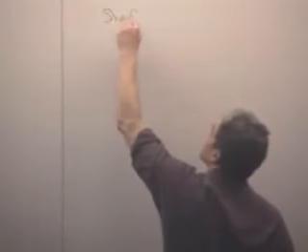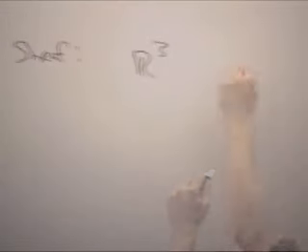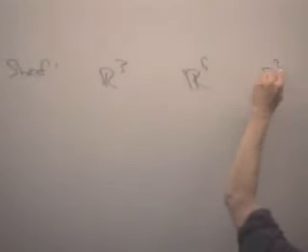Okay. So I'll define the notion of a sheaf. For every object, there'll be a vector space, and the arrows will simply go the other way. So I'll take, say, the 3-dimensional reals, the 5-dimensional reals, and the 2-dimensional reals for each vertex.